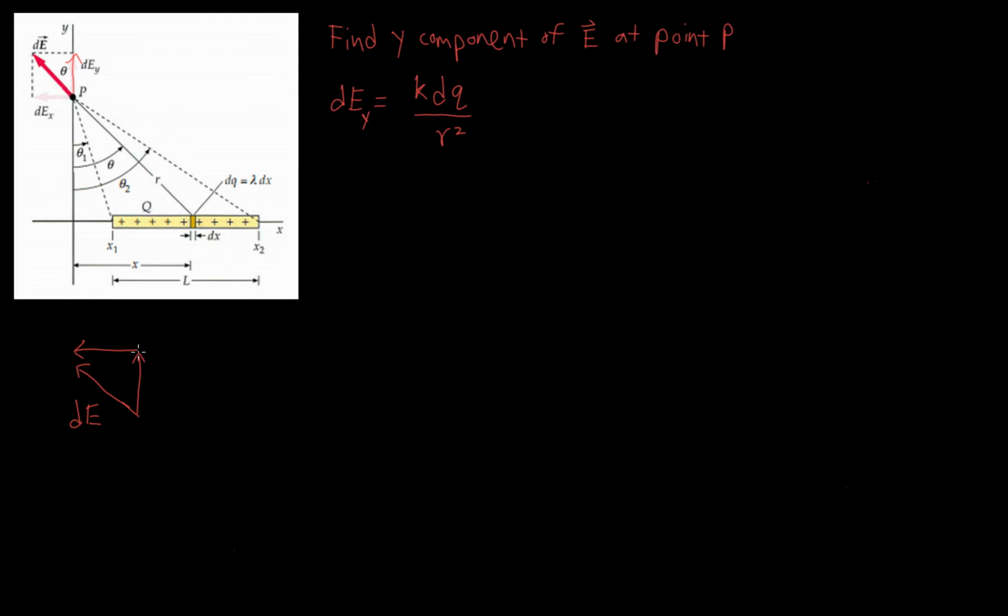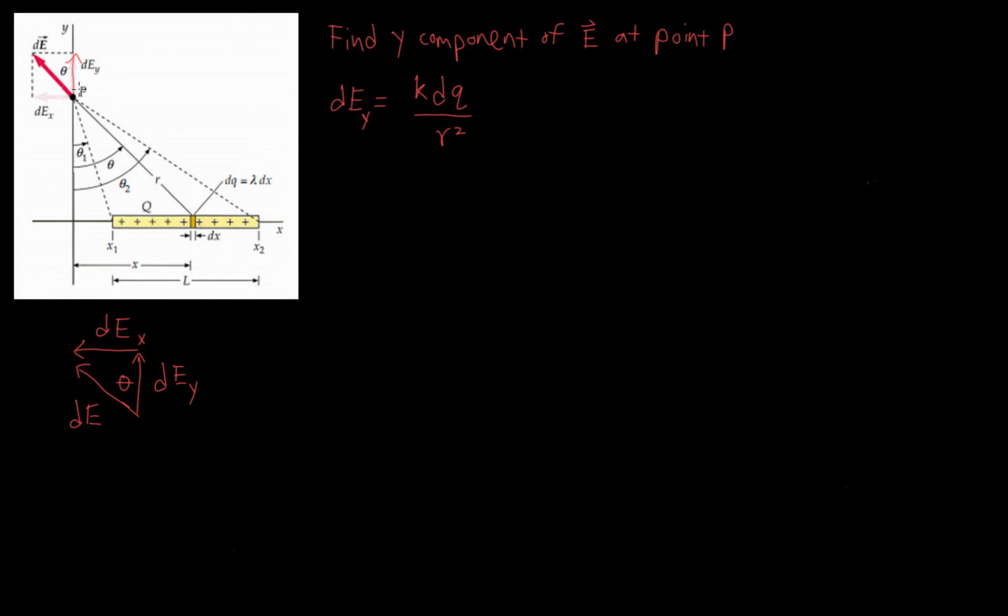And this arrow that's pointing vertically upwards is just the y component of the electric field, and the one that's pointing horizontally is just the x component. And the angle between them is just theta.